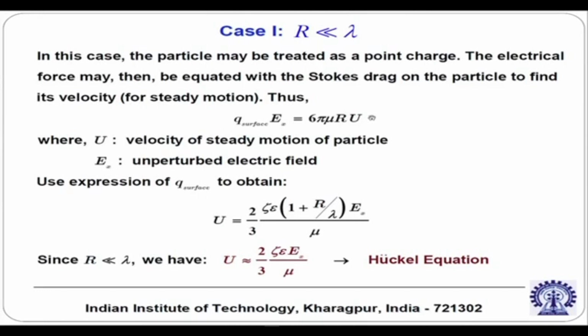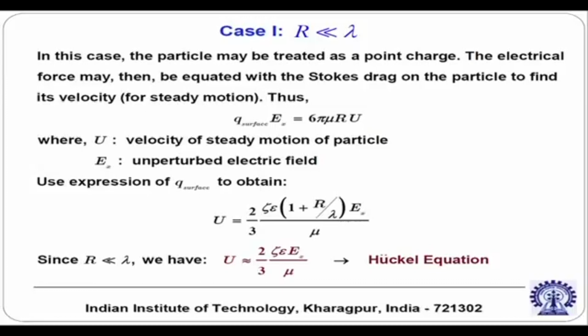As a consequence, we wrote an expression for the Stokes drag on the particle as a function of the surface charge, and using the expression for surface charge we got an expression for the electrophoretic velocity. Because r is much less than lambda, we got u equal to 2 by 3 epsilon zeta E by mu.